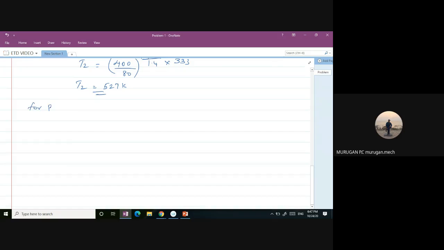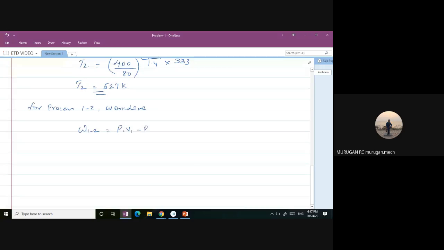Now for process 1 to 2, the work done is given by the formula W1-2 is equal to (P1V1 minus P2V2) divided by gamma minus 1, or else we can write it as mR(T1 minus T2) divided by gamma minus 1.